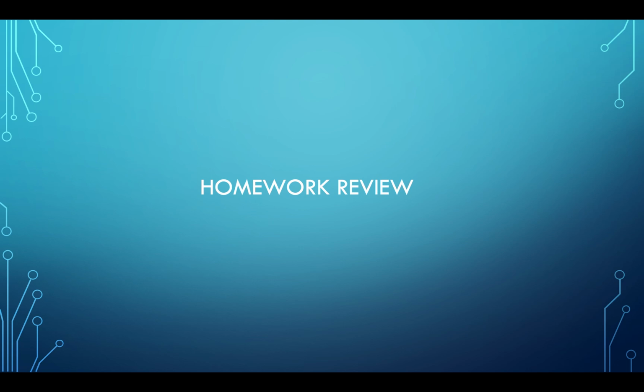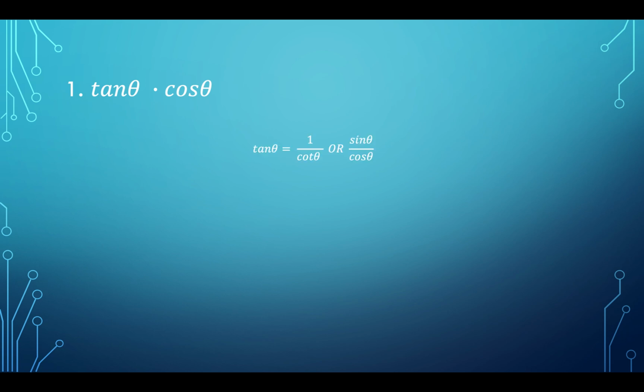So let's go over the homework right now. For the first problem, I give you tan of theta times cos of theta. Now going back to that formula worksheet I gave you guys, tan of theta can also be written as 1 over cotan of theta or sine of theta over cos of theta. If you're concerned that in the formula sheet we have an x and now we have a theta, that's completely fine.